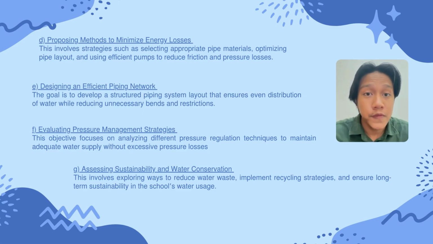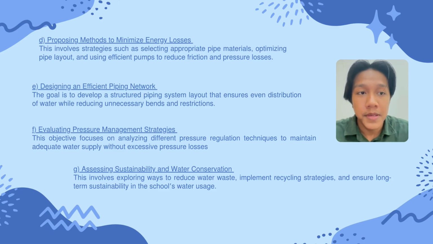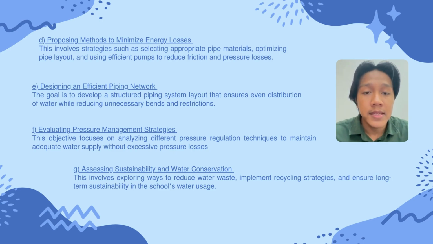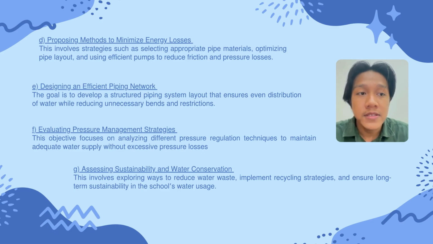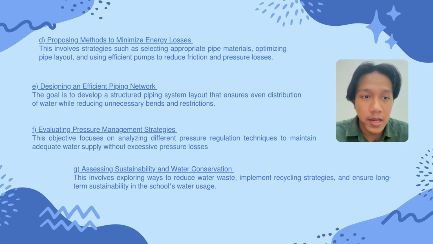Moving on to the next objective, we propose methods to minimize energy losses. This includes choosing appropriate pipe materials, optimizing the pipe layout, and using efficient pumps to reduce friction and pressure losses.